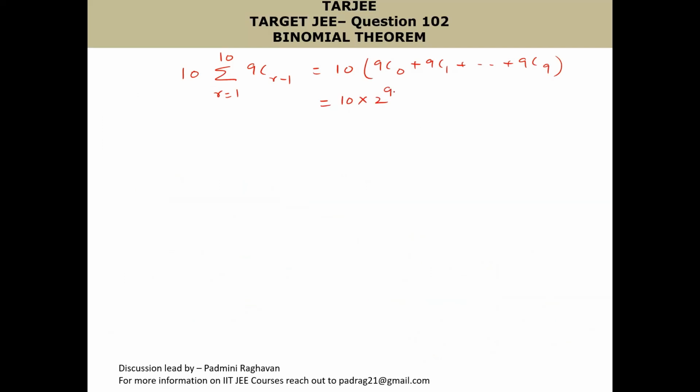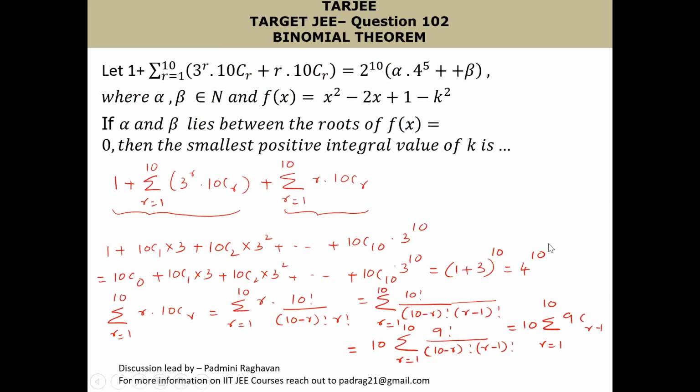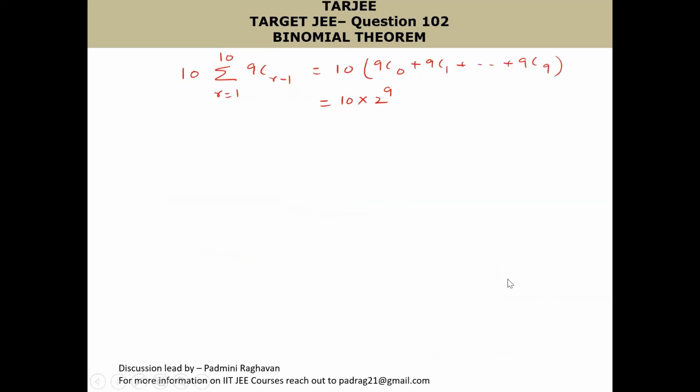Now the left hand side has been summed up. The first term is 4 power 10 plus the second term is 10 into 2 to the power of 9. We have been given the right hand side as 2 power 10 into alpha times 4 power 5 plus beta. So now let us write the left hand side. I can look at this 4 power 10 as 4 power 5 into 4 power 5.